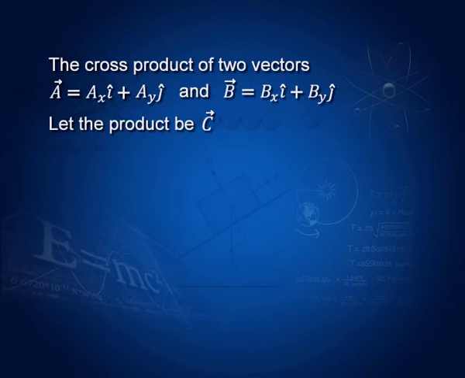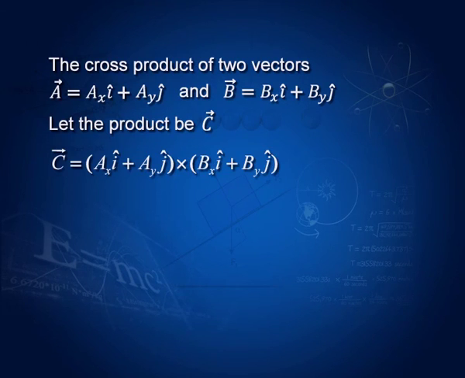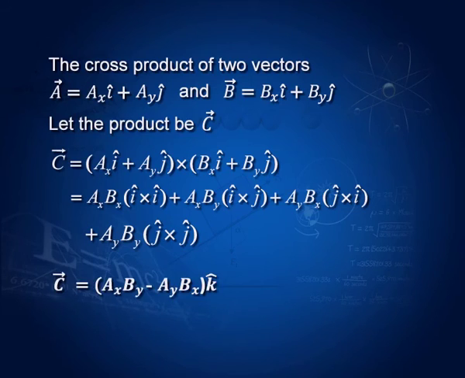So, let us see how we can write the cross product now. The cross product C is equal to a x i cap plus a y j cap cross multiplied by b x i cap plus b y j cap, and now you use the rules which I have stated just now, and therefore, you can see that vector C would be equal to a x b y minus a y b x into k cap.